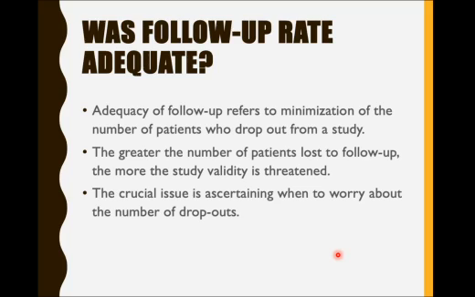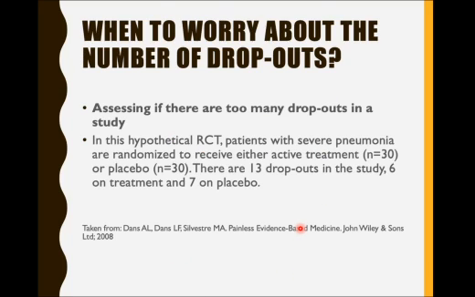And the crucial issue is ascertaining when to worry about the number of dropouts. So we need to look for whether follow-up rate was adequate. Now, let me just show you how to assess if there are just too many dropouts in the study.